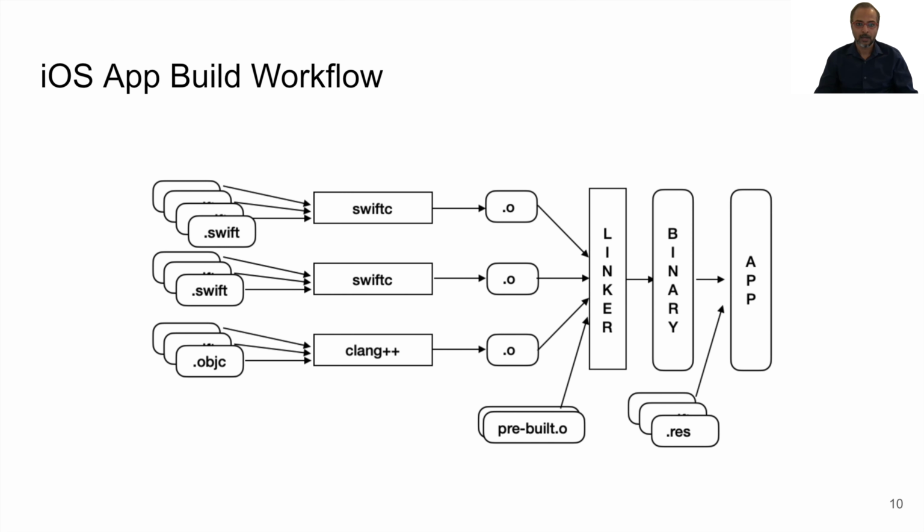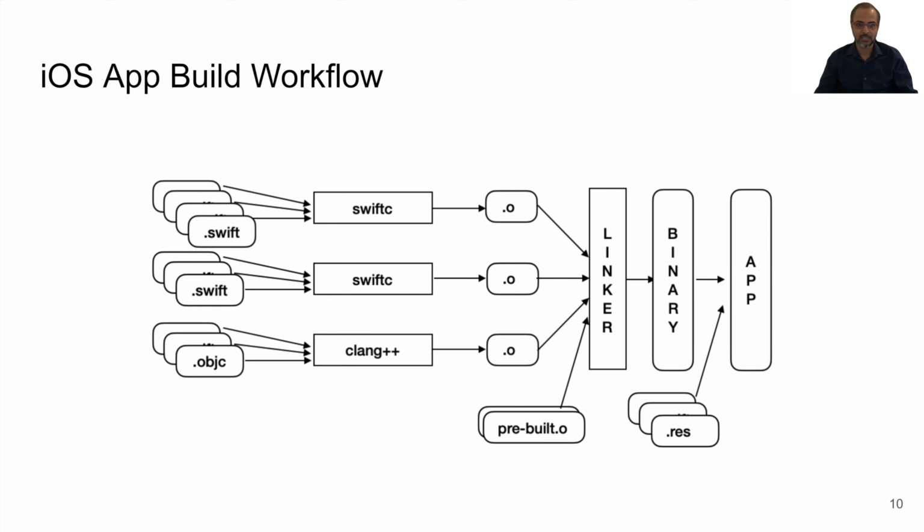A typical iOS app build workflow looks like this. All Swift files belonging to the same module are compiled together using the Swift-C compiler into an object file. If you use Objective-C, they are compiled via the Clang compiler. All object files, each representing an independent module, are linked with the system linker to produce the app binary.